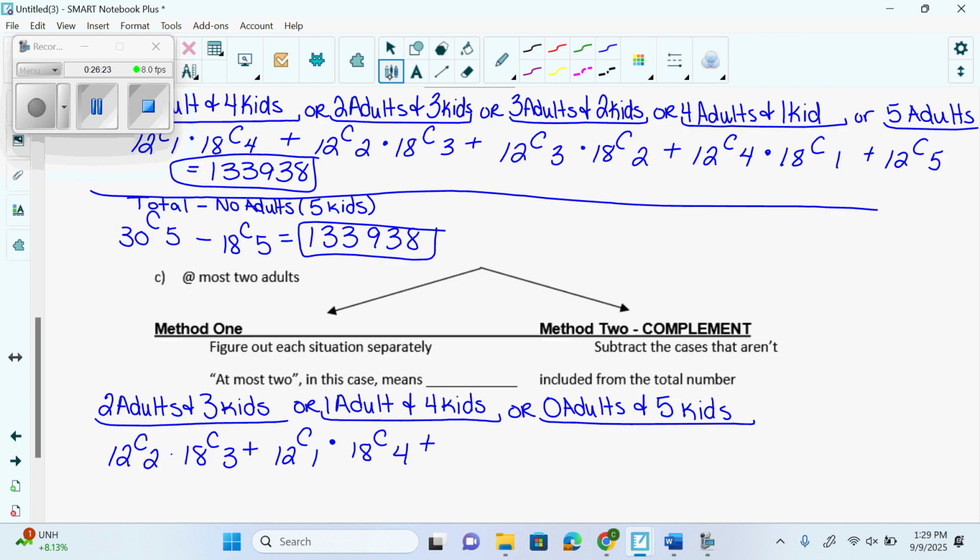No. So I actually don't have to show this part. I can just go plus 18C5. $99,144.